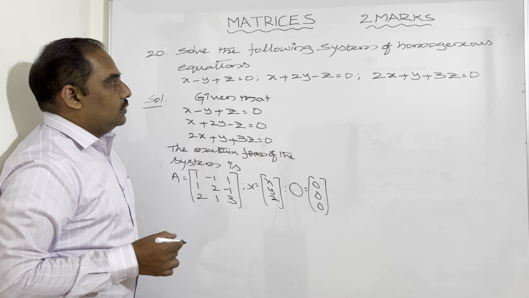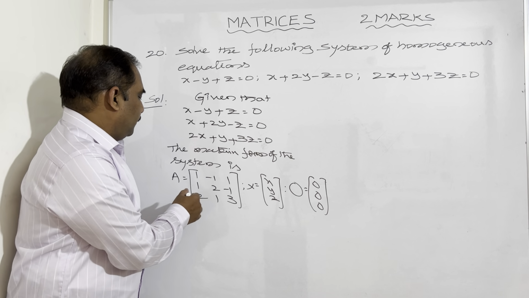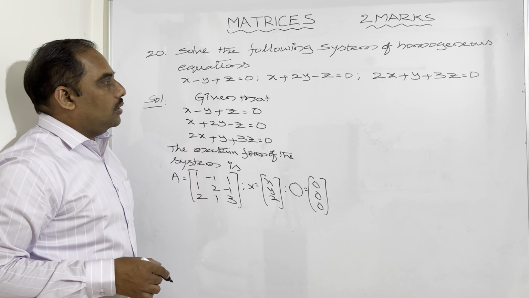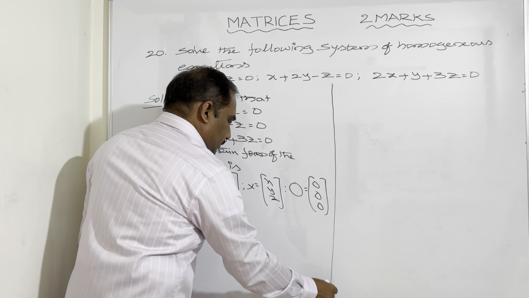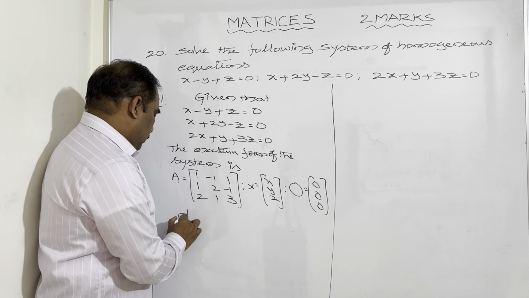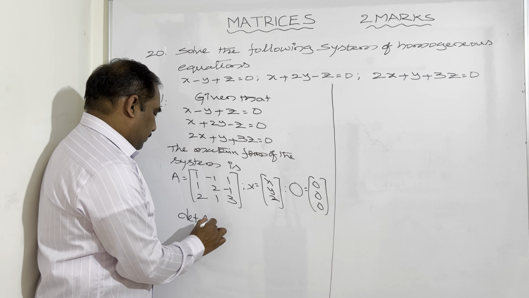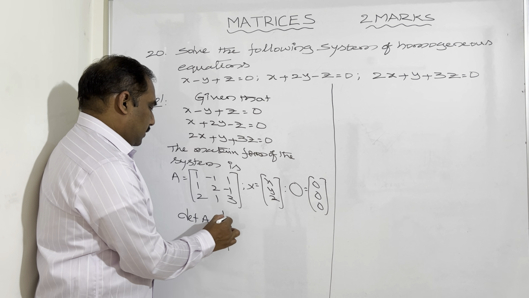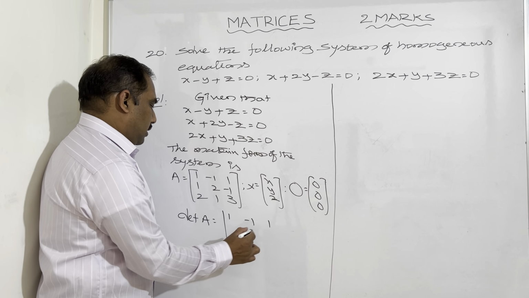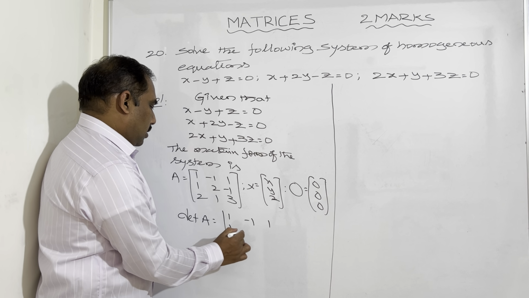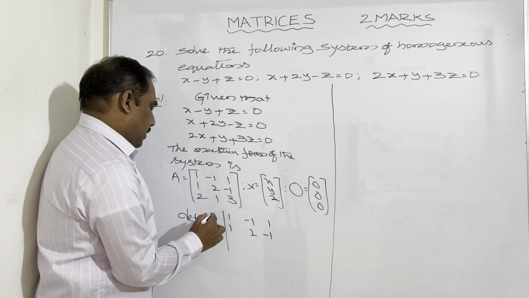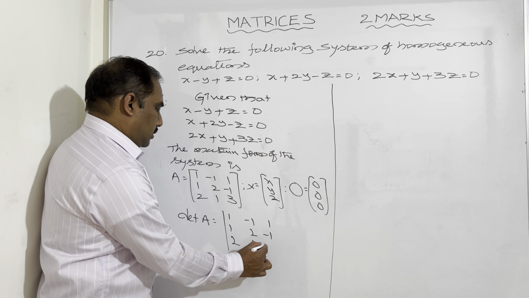To find the solution of this, you have to find the determinant of the coefficient matrix. That means det A is the determinant of 1, minus 1, 1; 1, 2, minus 1; 2, 1, 3.